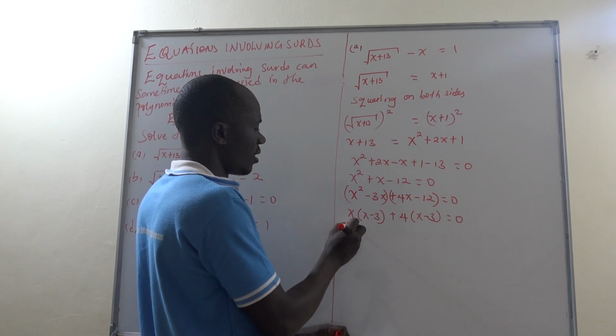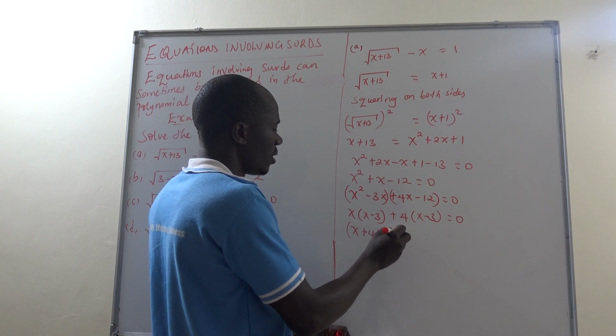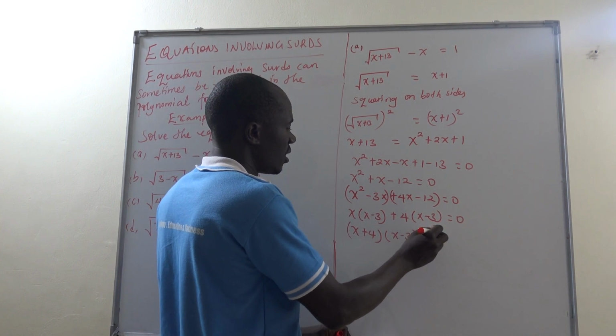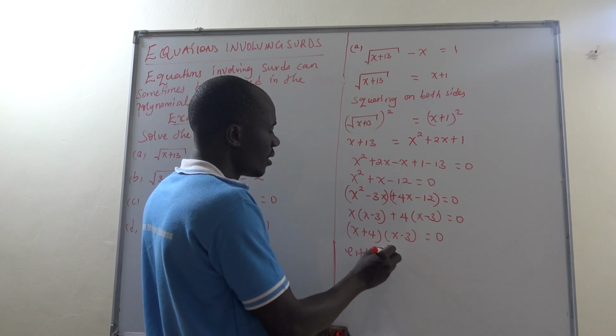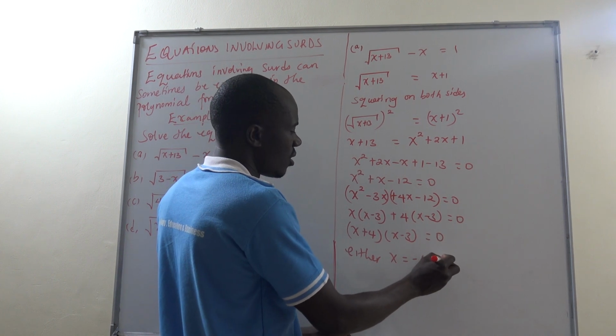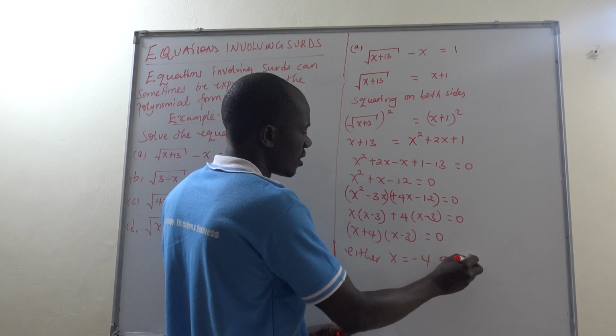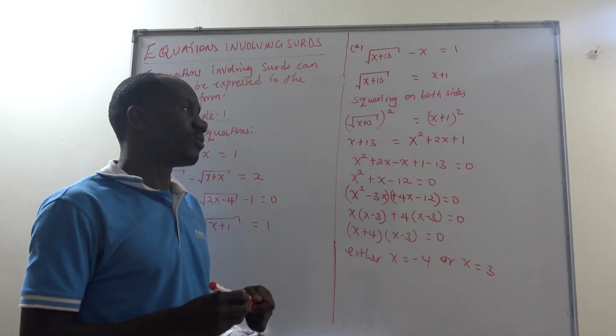So we have x plus 4 into x minus 3 equals 0. Either x equals negative 4 or x equals 3.